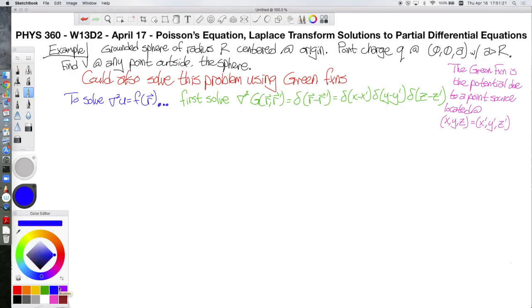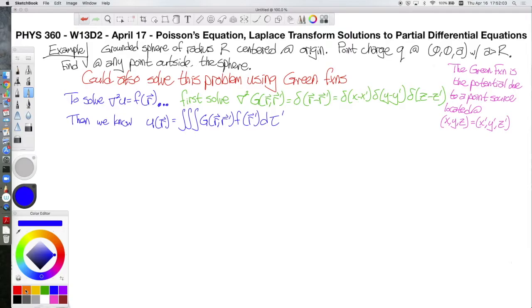Then, once we know our Green's function, we can solve for u in the following way. So we know u could be solved by the volume integral over the volume tau prime of the Green's function times our source density as a function of r prime.